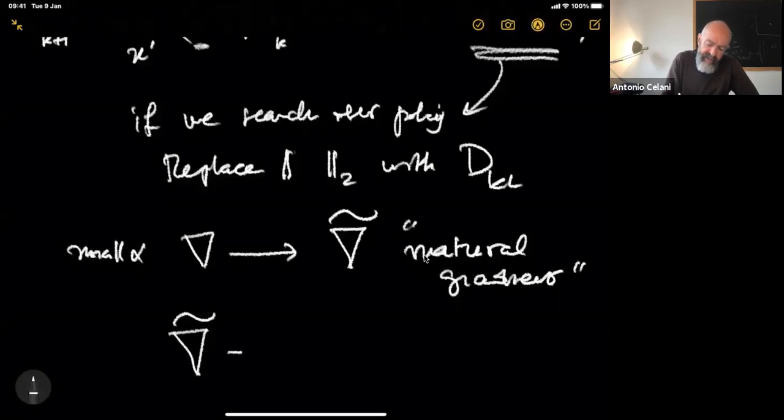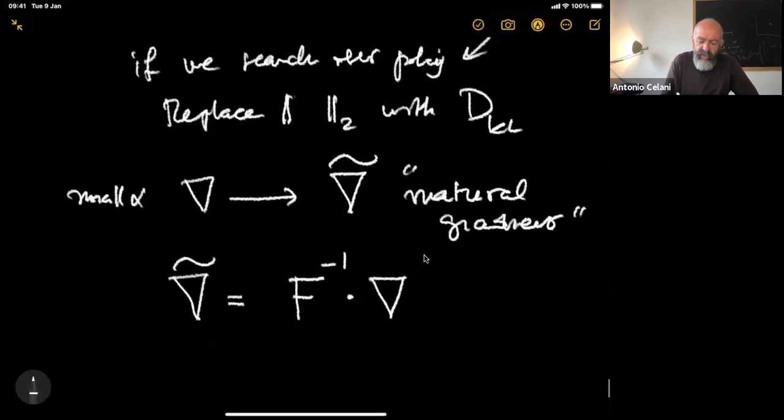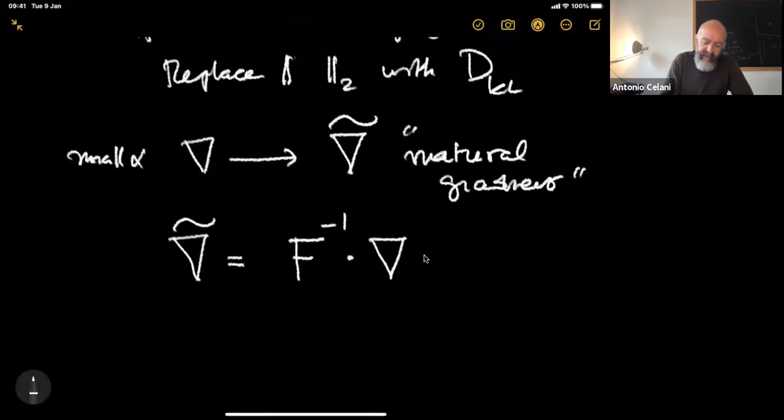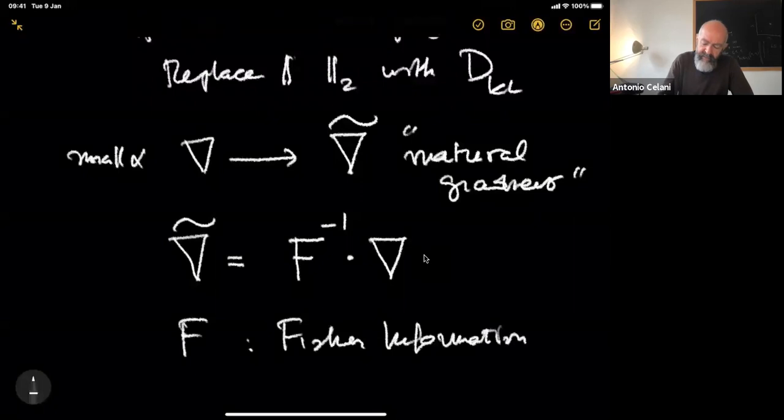So the natural gradient is actually an object which is composed of the ordinary gradient. Okay, so this is a vector, an operator vector. So this is the gradient with respect to any parameter theta that you have. So it's a vector of derivatives. And this object here, this F here, is the Fisher information matrix.